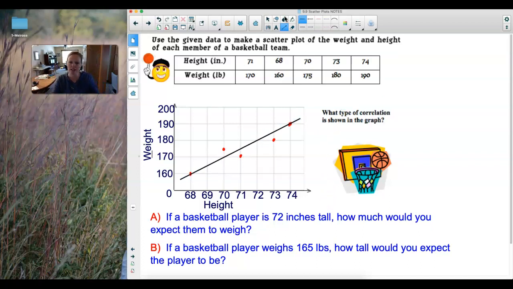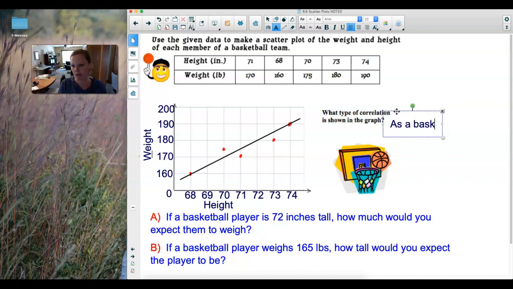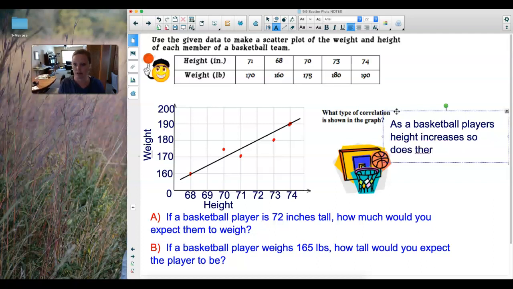Okay, and if I had to describe this data, I might say that as a basketball player's height increases, so does their weight.